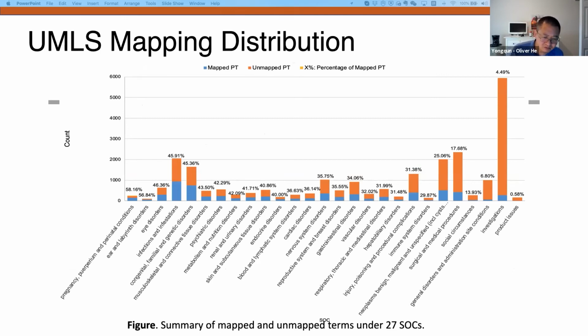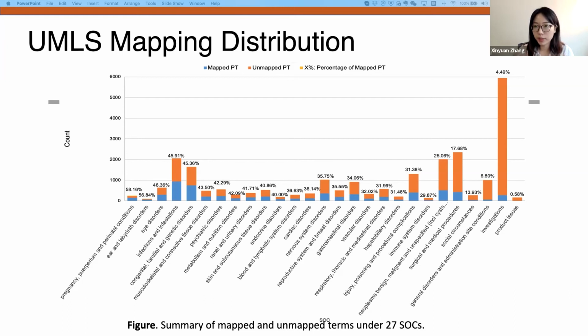Yeah, I think that's a really good question, and I believe that is definitely one of the reasons. As we discussed before, among all the 27 SOCs, for example the investigation SOC has a lot of PD terms available, but only 4.8% were mapped in either UMLS or OHDSI.